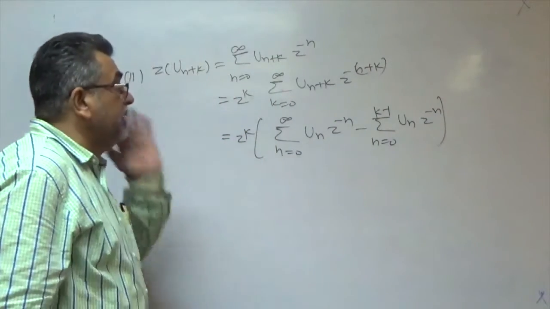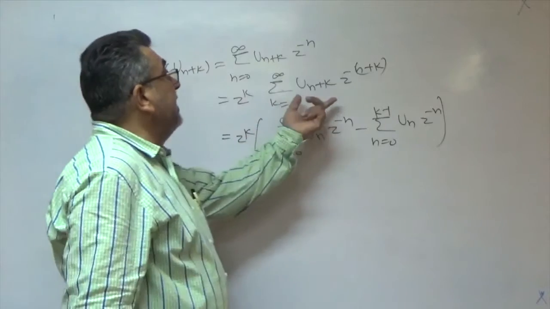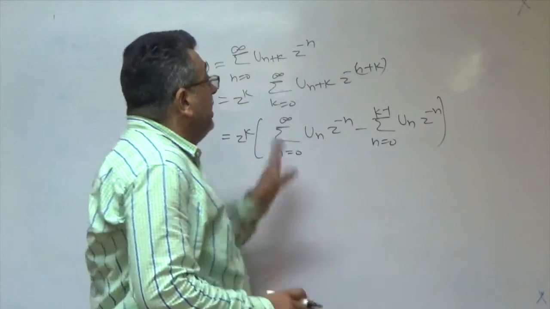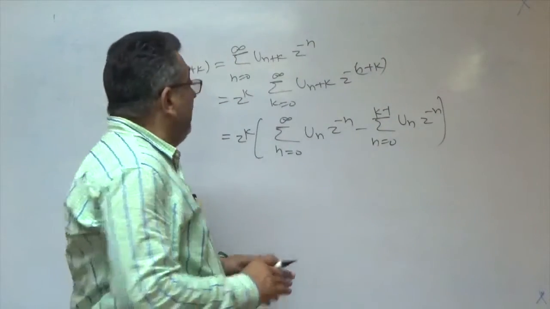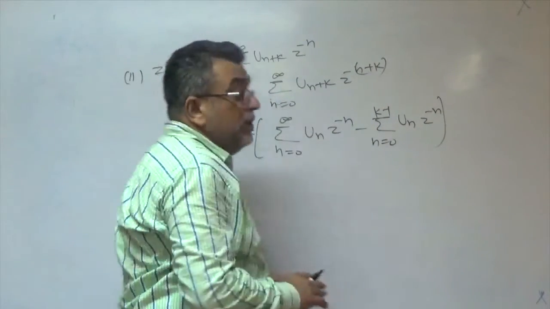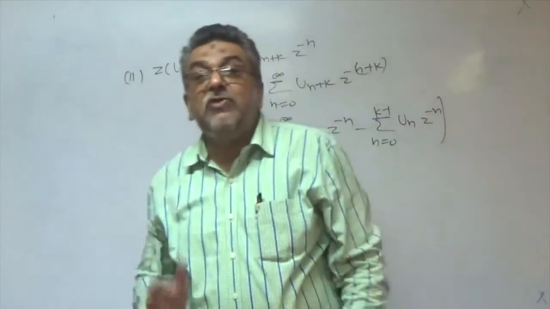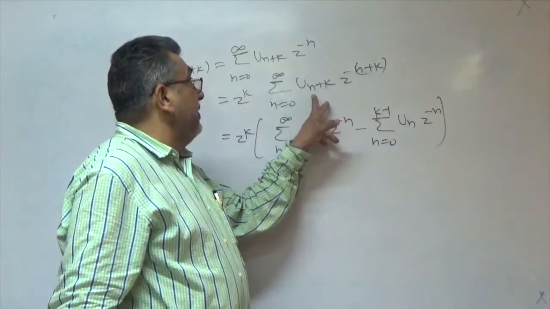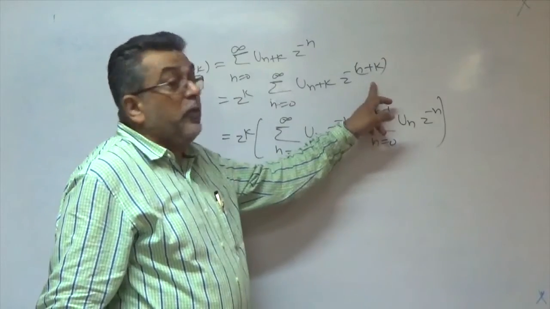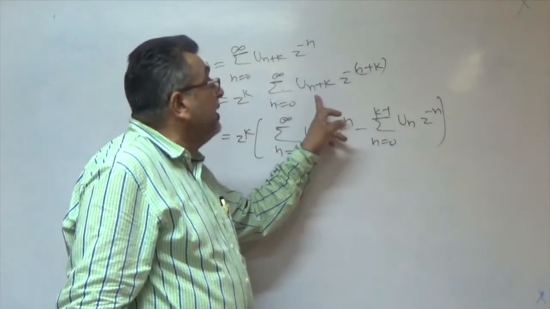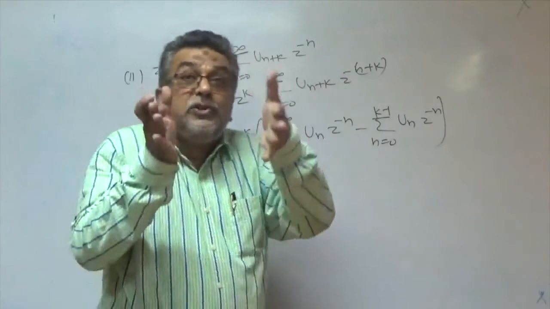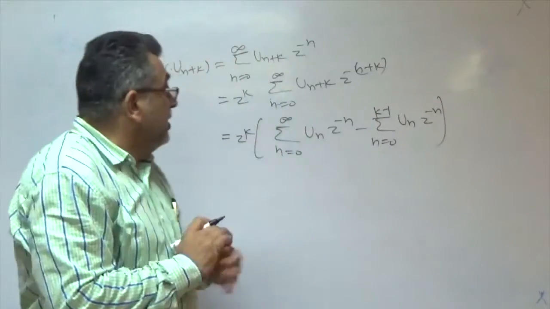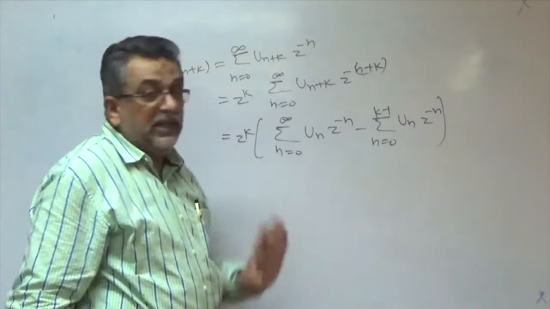If you put n equal to 0 here and expand this series, the series will start from uk, z to the power minus k, then uk plus 1, z to the power minus k minus 1. So the first part, from u0 up to uk minus 1, is missing. So we are adding this and subtracting this.